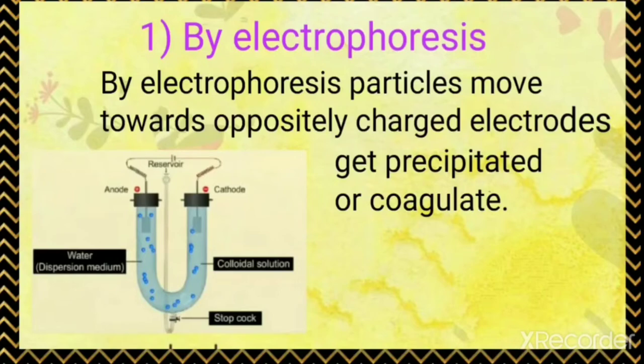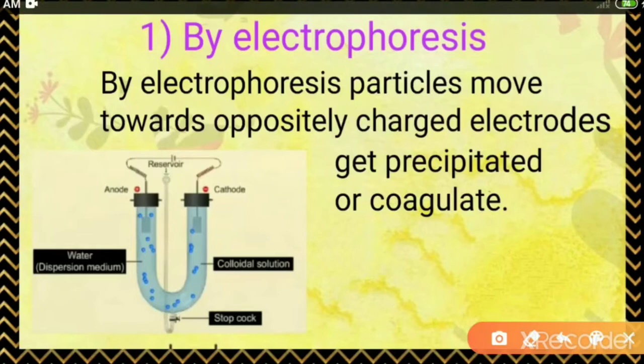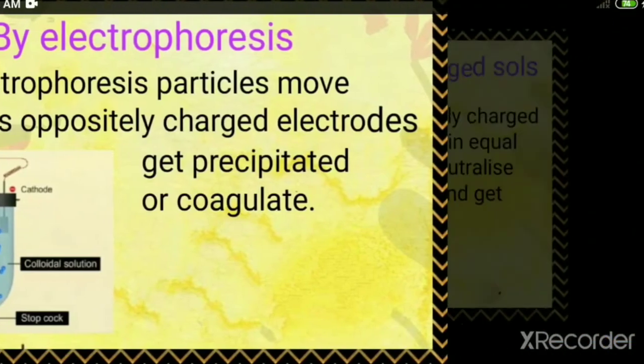Because of this, the particles start to accumulate at one electrode, that means the particles come closer, and we can say that the particles get precipitated. So by providing an electric field, coagulation can take place.